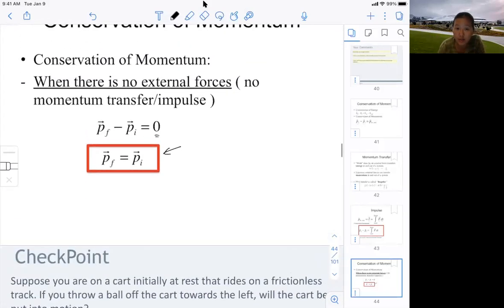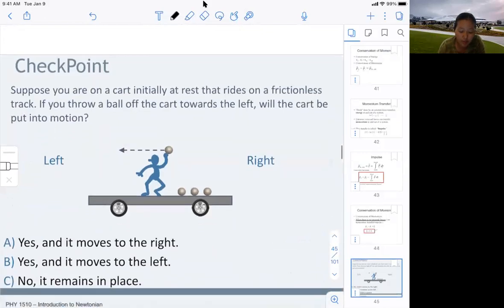So let's try to use that to solve some problems, starting with some checkpoint questions you guys have already done. Suppose you are standing on a cart, and this is a frictionless track. It's very important that it's frictionless.